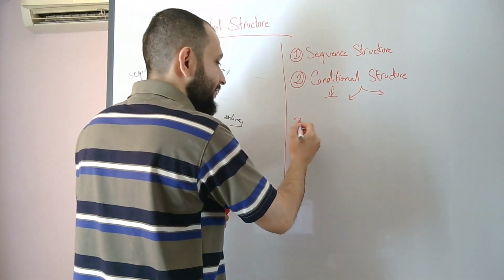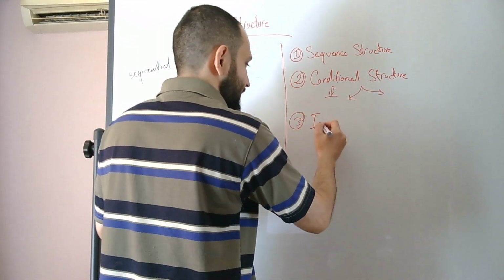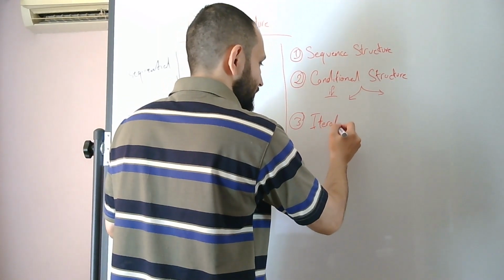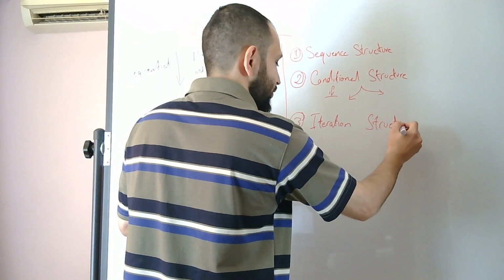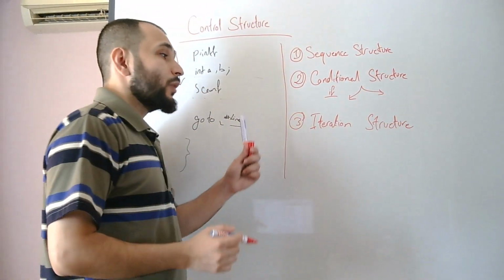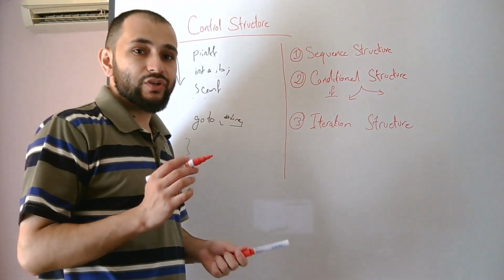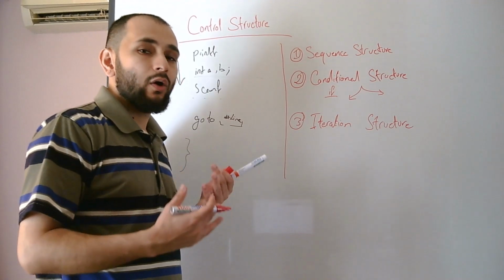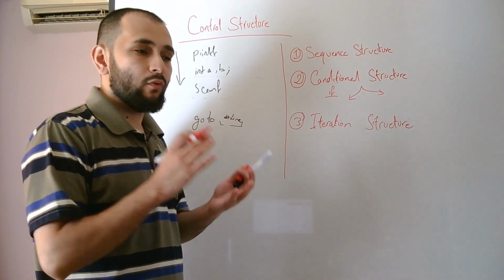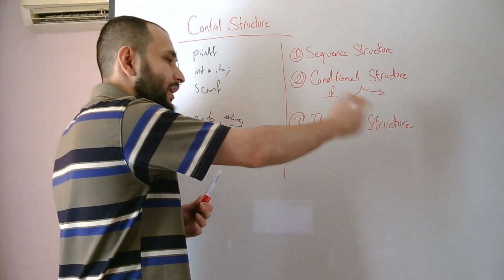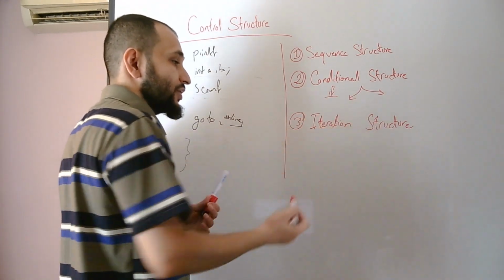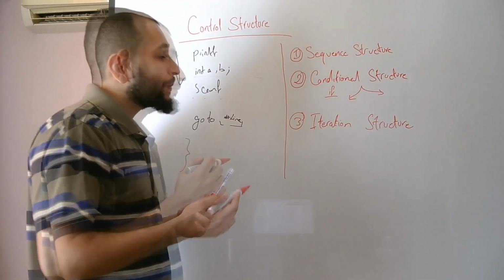And then we have the iteration structures. We haven't seen iteration structures yet. Iteration structures are basically loops: the for loop, while loop, and do while loop, and we will be discussing the iteration structures in the coming episodes.